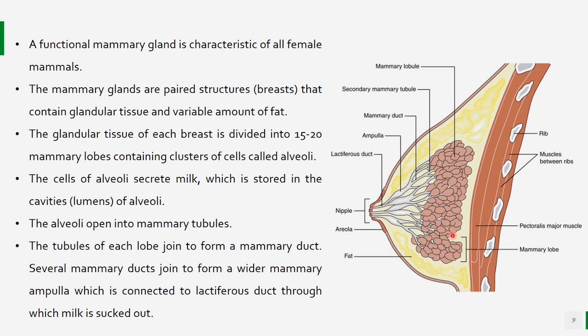The cells of the alveoli secrete milk, which is stored in the cavities of the alveoli. The alveoli open into mammary tubules, which further form secondary mammary tubules. The tubules of each lobe join to form a mammary duct.